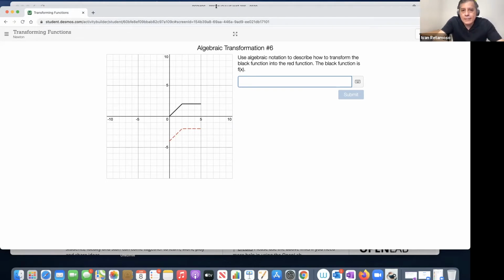Yeah, great. I see Lucero, Jack. Very good. Good thinking, guys. Vertical shifts are very intuitive, here I can see 1, 2, 3, 4 down. So we follow our intuition. It's just 4 units down for all the output values. An output value in a function is represented by f of x.